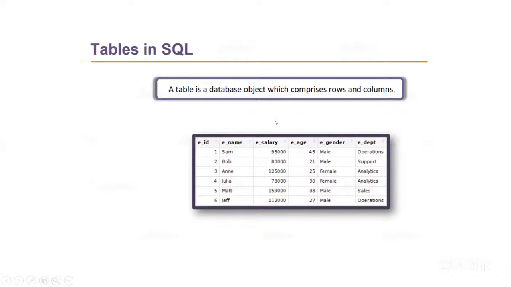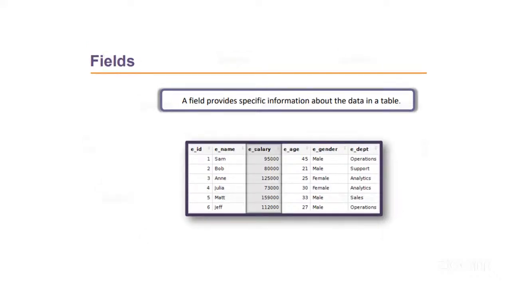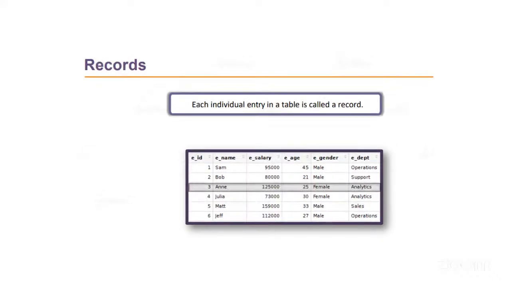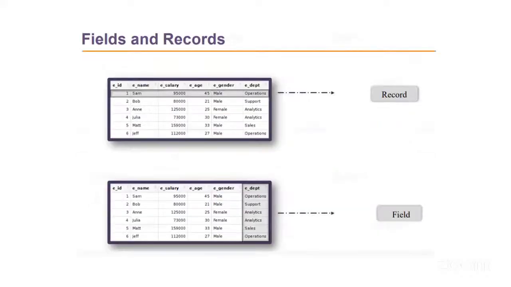How does a table look in a database? A table is a database object which comprises rows and columns. If you are working on a database, it looks like this. You have rows and columns, but what I told you is that you should not call them rows and columns. You should call a column a field and a row a record. So from today don't say rows and columns; we call them records and fields.